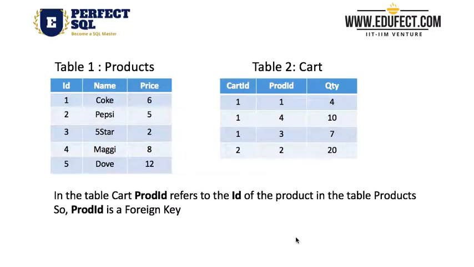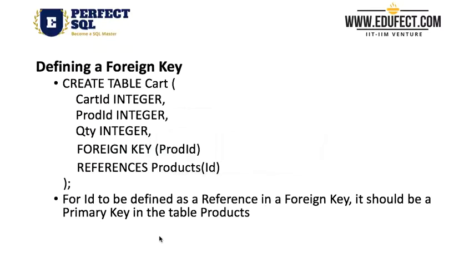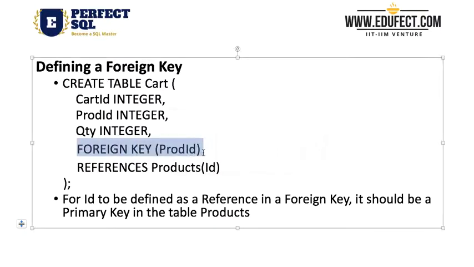So a normal case of how we'd have defined cart, it would have a cart ID, a prod ID and quantity. So we would have these 3 integers defined. So this is how we would have normally created a table cart. But now when we want to create a foreign key, we will add this constraint foreign key prod ID.